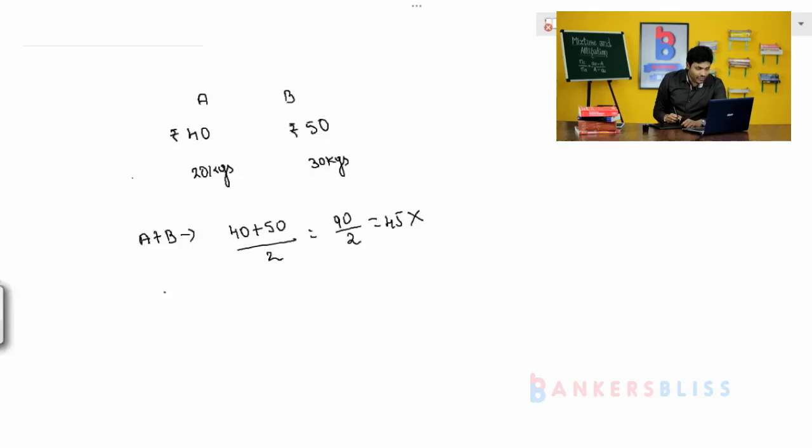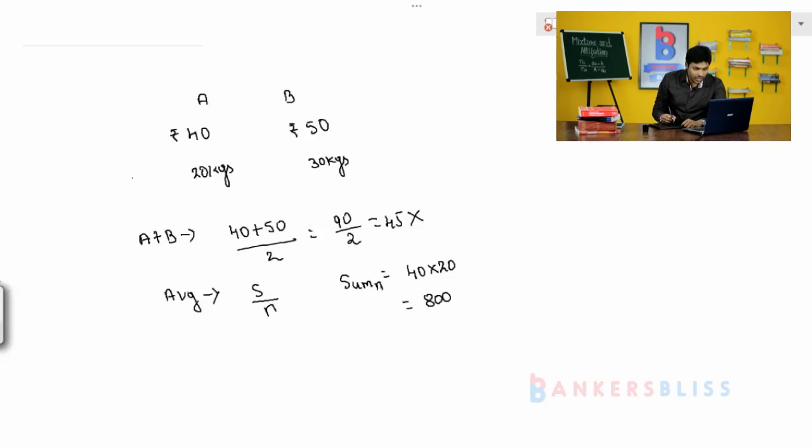See here, average means sum by n. Sum means total value. So sum of A is equal to 40 into 20, which is equal to 800.